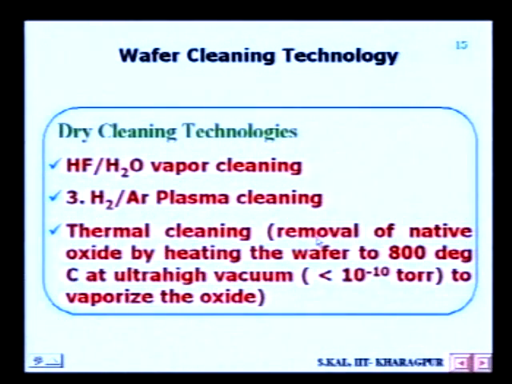Thermal cleaning is the removal of native oxide by heating the wafer to 800 degrees centigrade in ultra high vacuum, which I discussed in earlier slides, that is the Shiraki clean step.